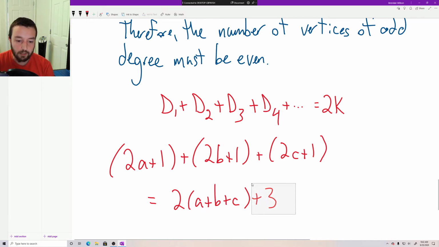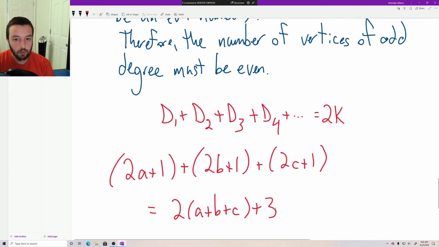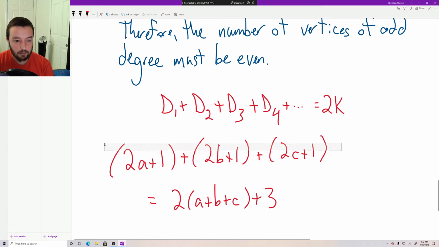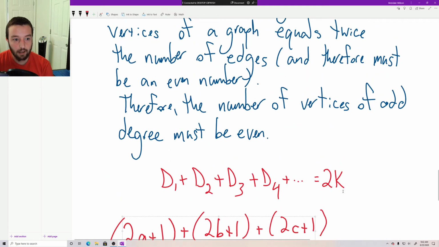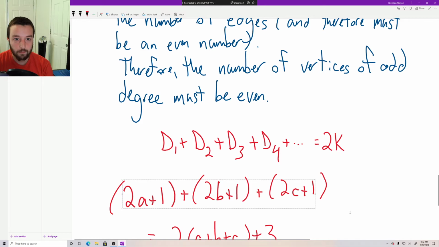When we add 3 to it, this is an even number plus an odd number, which is going to give us an odd number. Okay. So when we have an odd number of vertices of odd degree, we get an odd total.